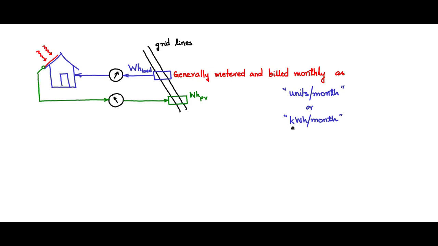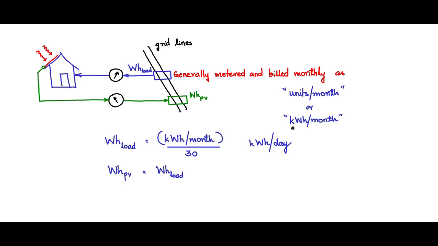So for our purpose, watt hour load is a daily requirement. So we will take the kilowatt hour per month requirement by 30 and express it as kilowatt hours per day, and watt hour PV is set equal to watt hour load.